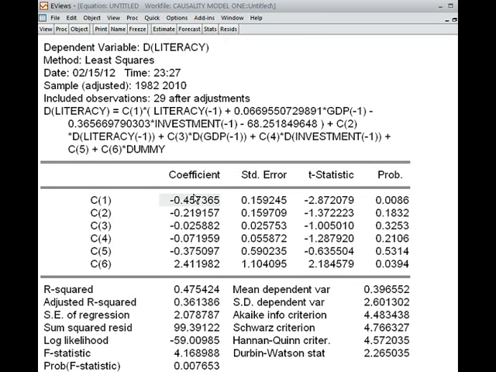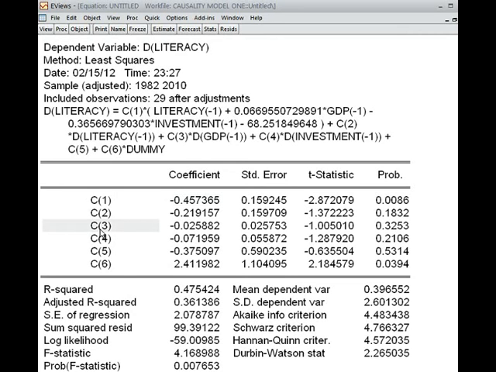So I'm telling again, when the error correction term is significant and negative, it means that there is a validity of long run equilibrium association among the variables. So we are happy that all the variables have long run association because the error correction term is significant and negative.